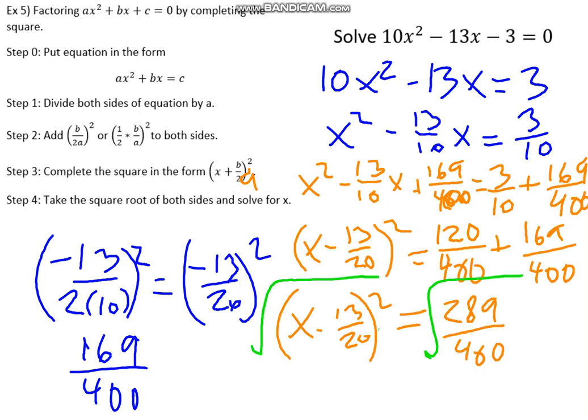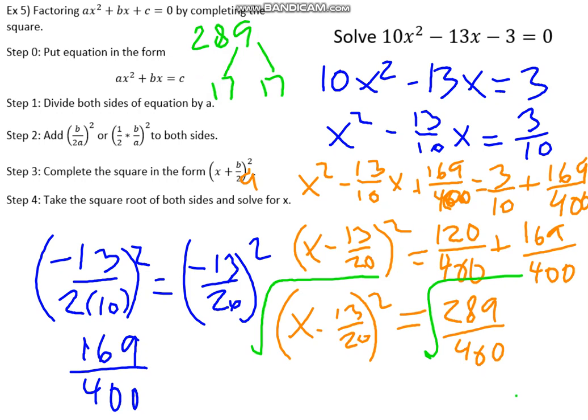And then the square root of 289, we can see if 289 has any factors. Actually, take that back, 289 is 17 times 17. So the square root of 289 is 17, so that's convenient.